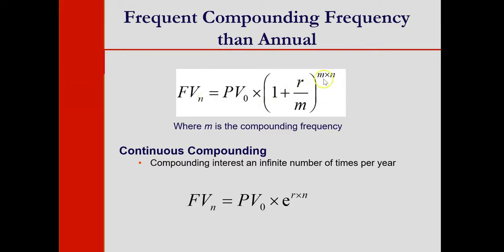The rate and the number of periods should always be consistent. If the compounding frequency is 2 and we are taking care of that while calculating the number of time periods, the rate has to be divided by that, because the more frequently you are compounding, the interest rate would be based on that one time period only. So that's why the rate is divided and the time is multiplied by the compounding frequency.